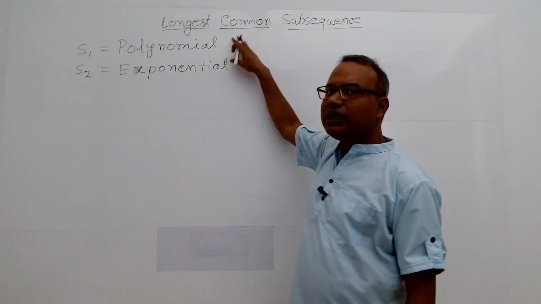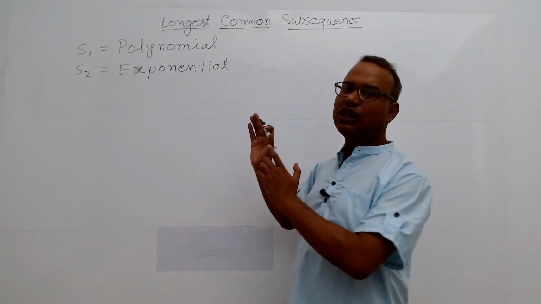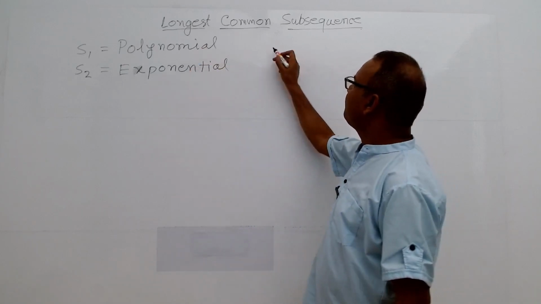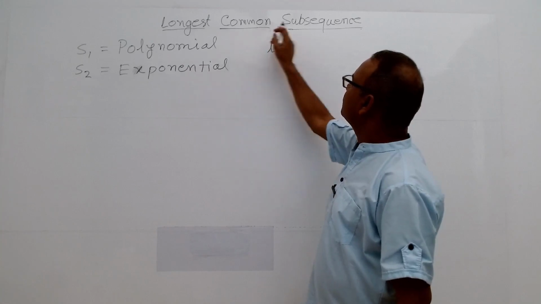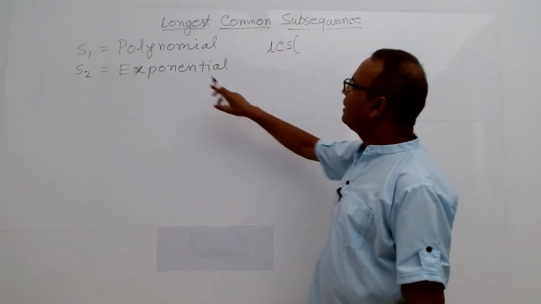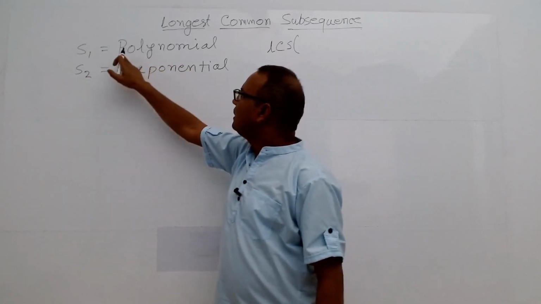In every dynamic programming problem, we start with how the last step is performed. Let's say this problem has a name. I am taking longest common subsequence, so we can write LCS of the strings S1 and S2. What is the length of this?